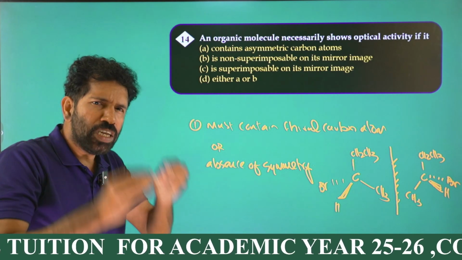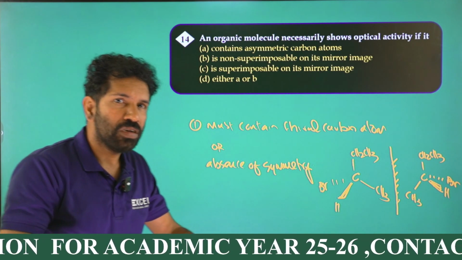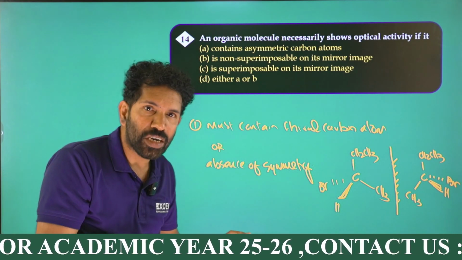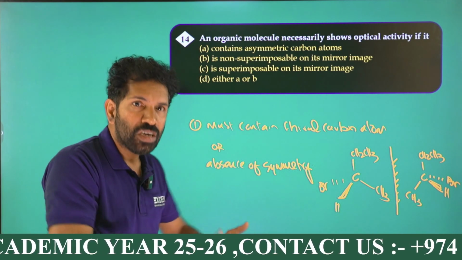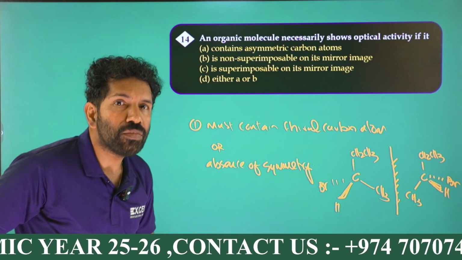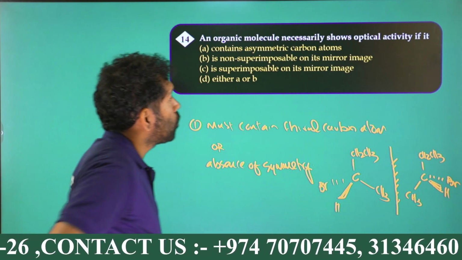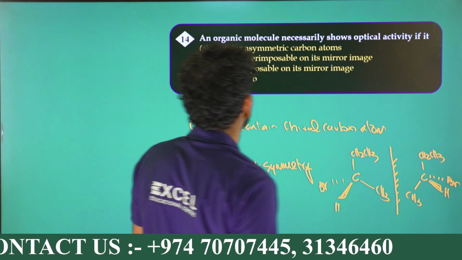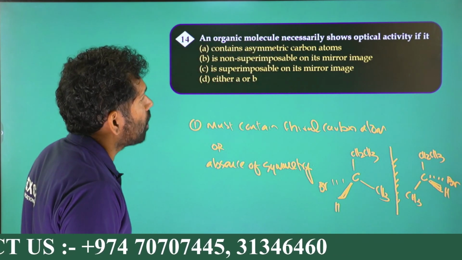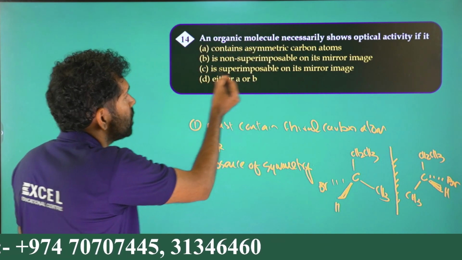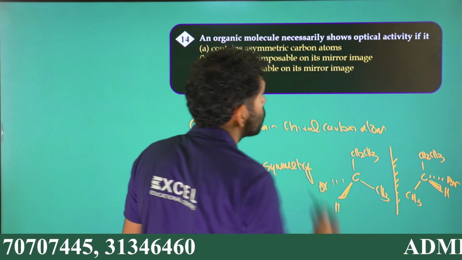So any compound that is optically active will contain either a chiral carbon atom or an absence of symmetry, and they will form non-superimposable mirror images. So an organic molecule necessarily shows optical activity if it contains an asymmetric carbon, and B, a non-superimposable mirror image.